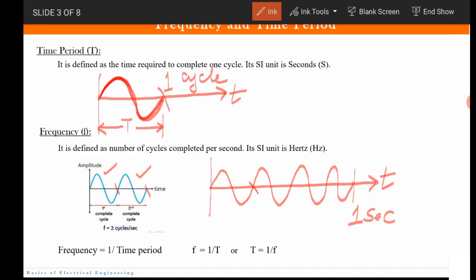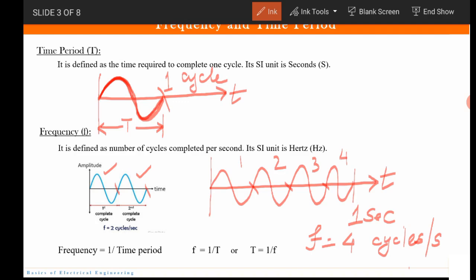So this is going to be first, this is the second cycle, this is the third cycle, and the last one is fourth cycle. So I can say that frequency is 4 cycles per second. And its unit is hertz.